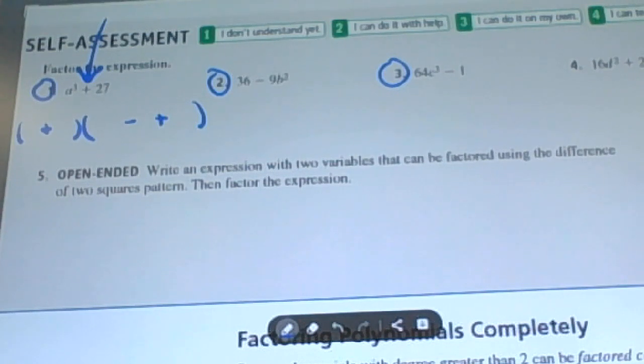And then I do the pattern. It's the cube roots. So the cube root of a^3 is a. The cube root of 27 is 3. And then I square the a, a squared. I multiply 3 times a, so that's 3a in the middle. And then I square the 3, 9. And that is factored. Problem is done.